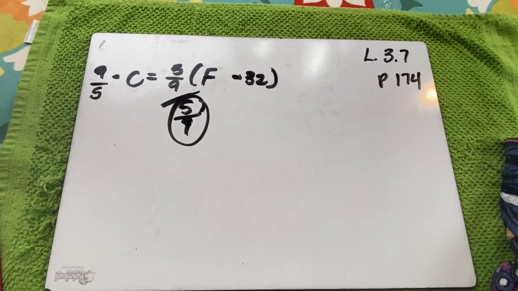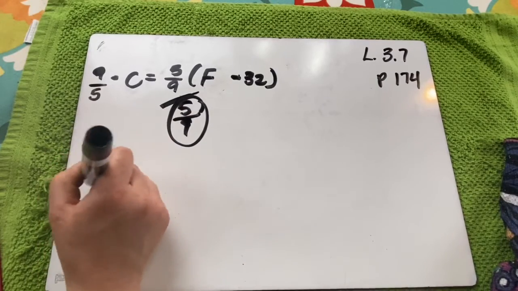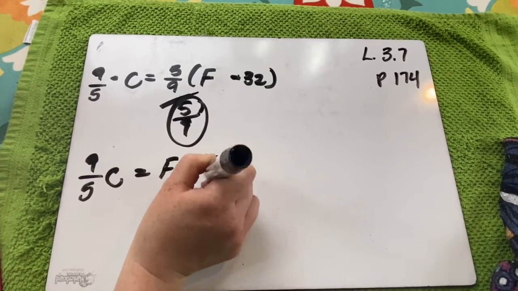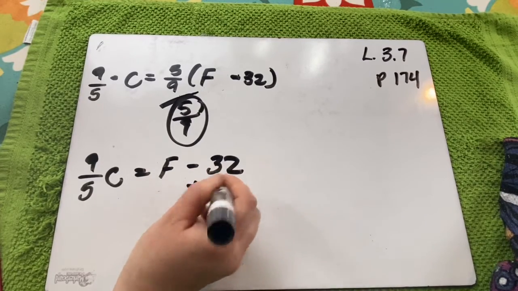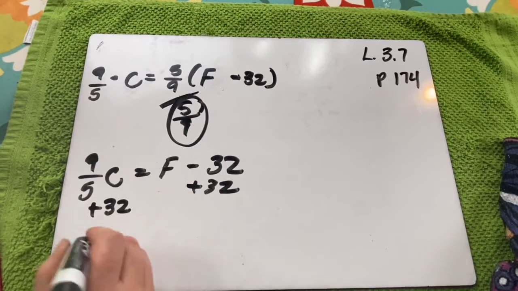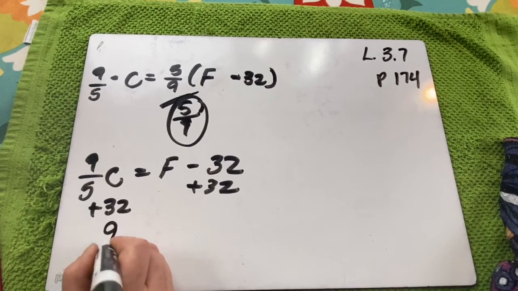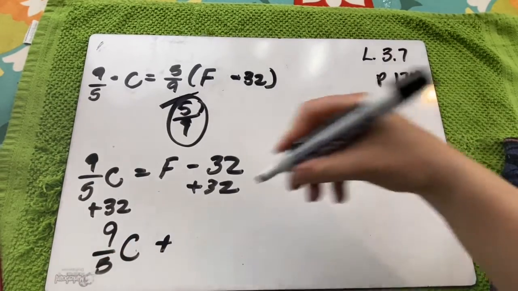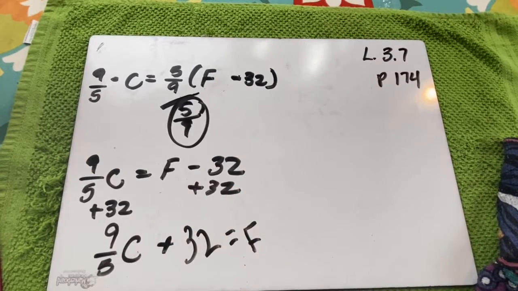So 9/5 C equals F minus 32. They still want F by itself, so now I plus 32. So 9/5 C plus 32 equals F.